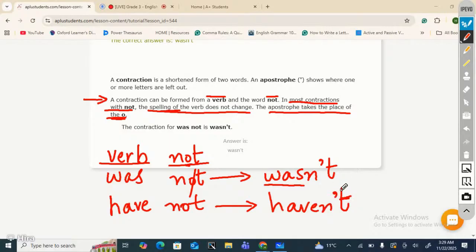In its place, I have put an apostrophe. Have not becomes haven't. So, no change in the spelling of the verb, but O is omitted, left out. In its place, we have added an apostrophe. It shows that one letter is left out.